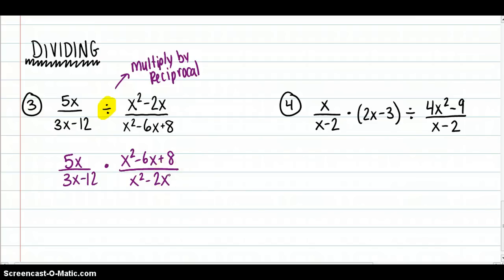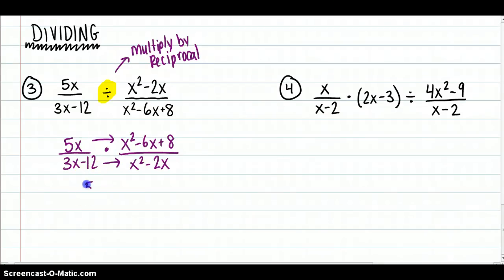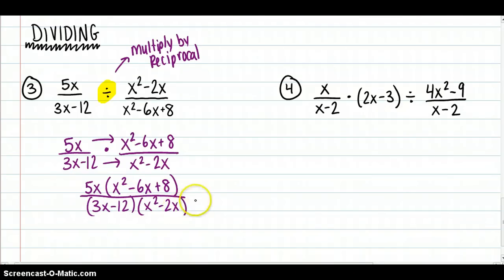The reason that's so helpful is because we know how to multiply fractions. We just multiply straight across. So I've got 5x times x squared minus 6x plus 8, divided by 3x minus 12 times x squared minus 2x.